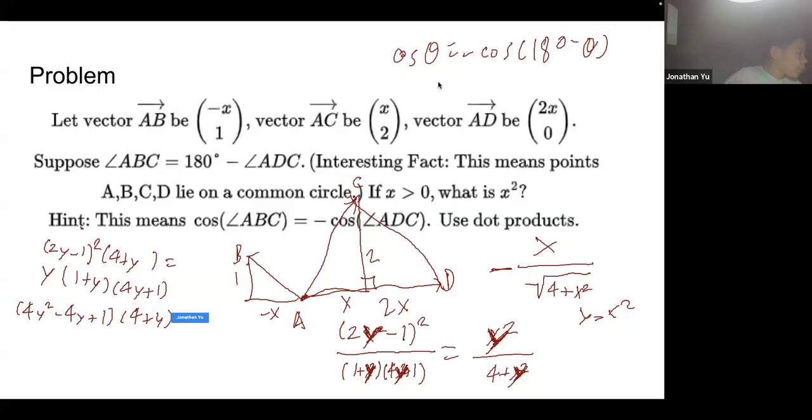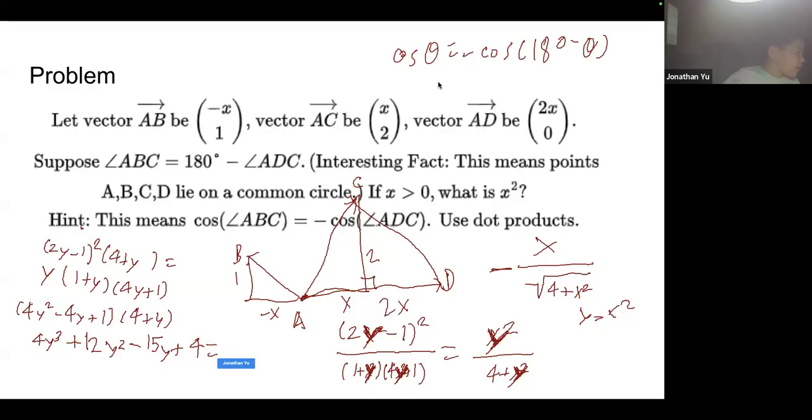So y times 4y squared is 4y cubed. The quadratic term is 4 times 4 minus 4, so plus 12y squared. The y coefficient is minus 4 times 4 plus 1, so minus 15y. And the constant is 1 times 4. So that's the left-hand side.